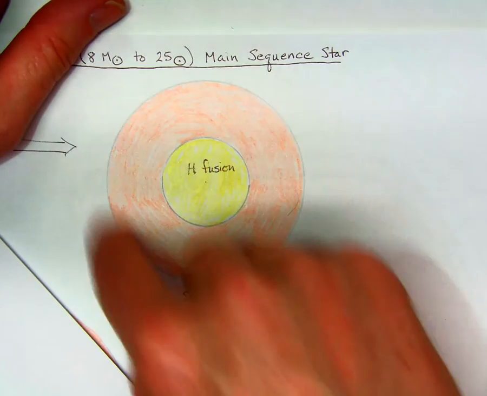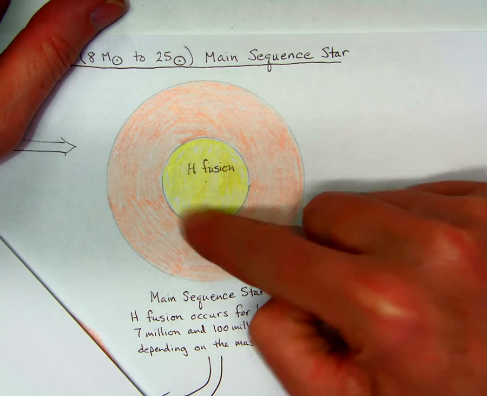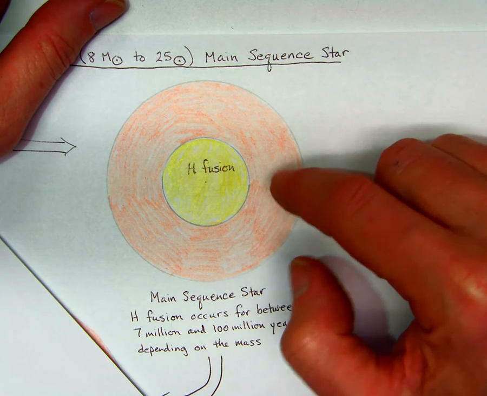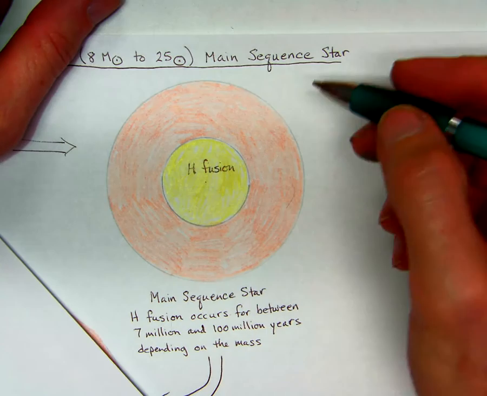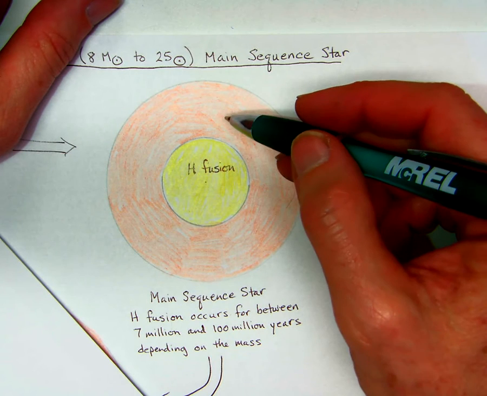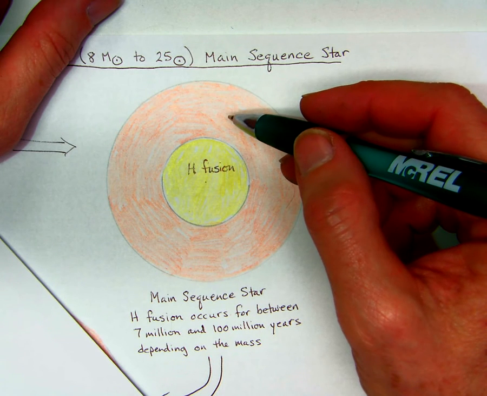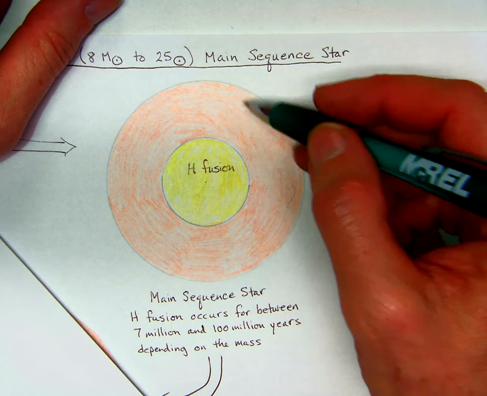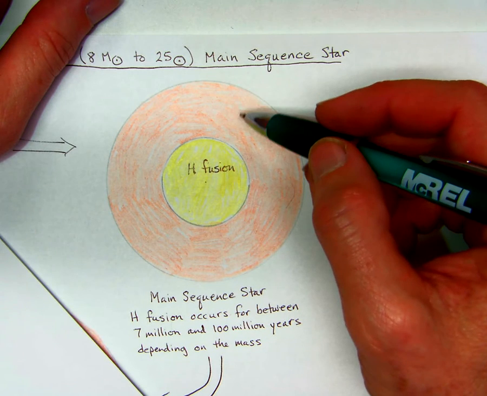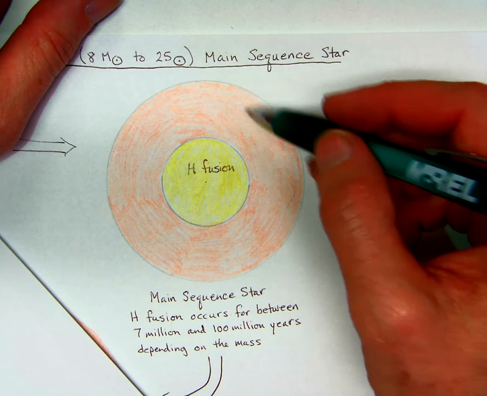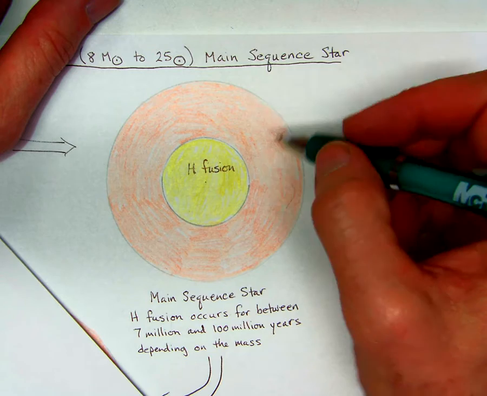So you're going to need to draw 2 circles here, one inside the other. On the outside is a shell of hydrogen that's not doing anything. In terms of fusing, it's just hydrogen around the outside.